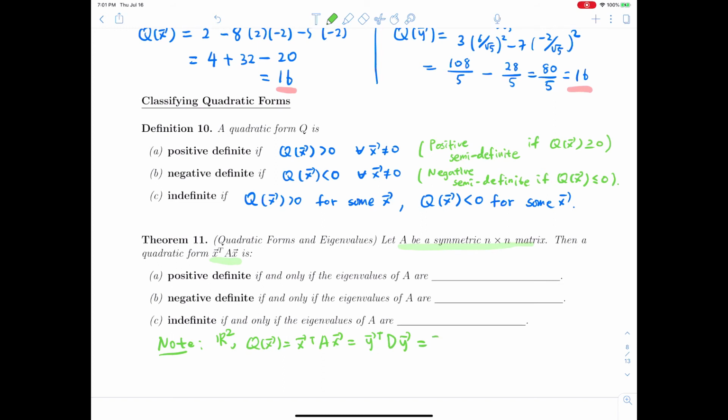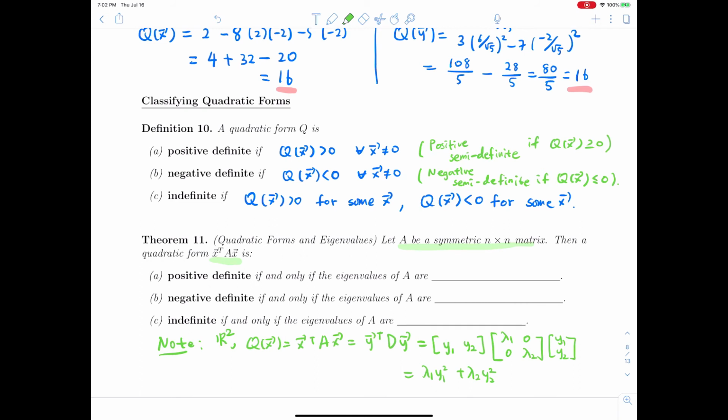If you expand this to the matrix-vector product, we have y1, y2 multiplied by lambda 1, 0, 0, lambda 2, and y1, y2. Or this is the same as lambda 1 y1 squared plus lambda 2 y2 squared.